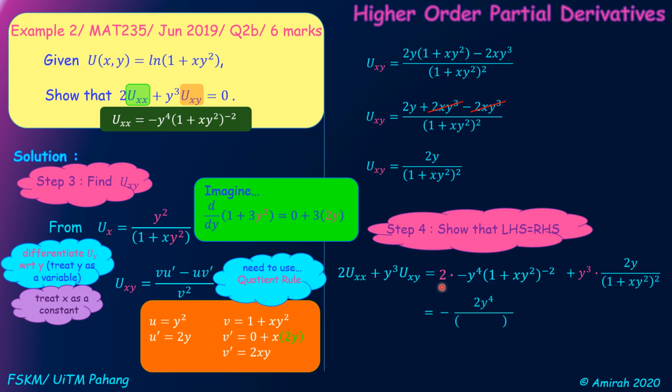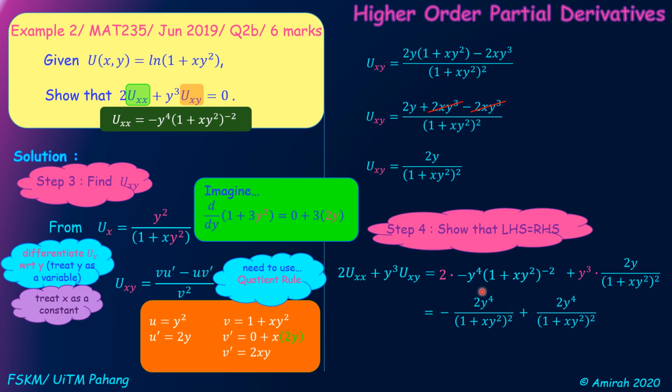Then we can multiply 2 and negative y to the power of 4 here, so we get negative 2y to the power of 4. Using the properties of indices, we can move the negative exponent down to the denominator, so we get 1 plus xy squared, bracket to the power of positive 2. And from here, we get 2y to the power of 4 over 1 plus xy squared, bracket squared.